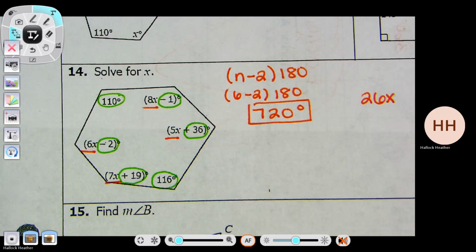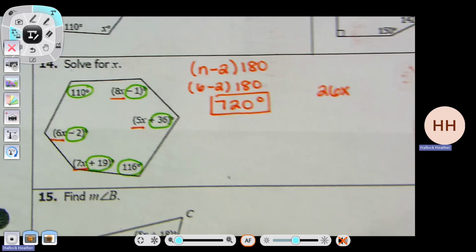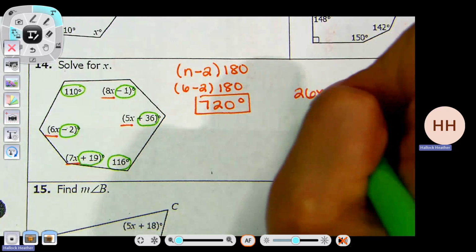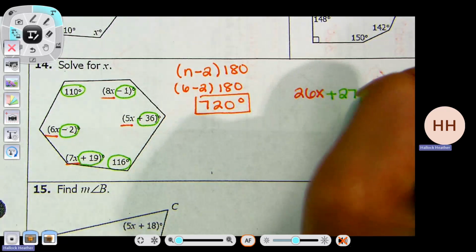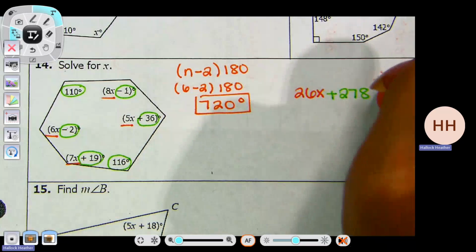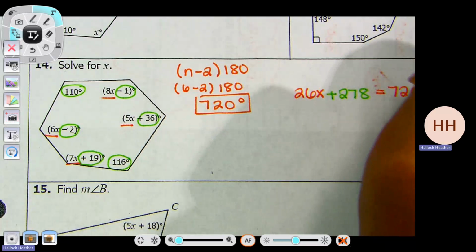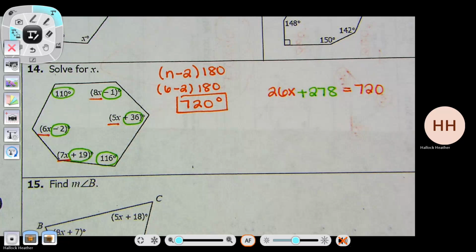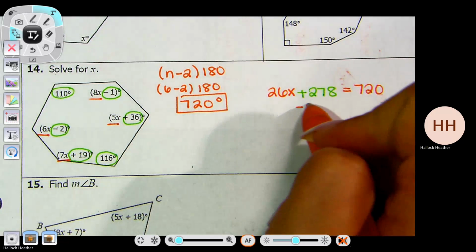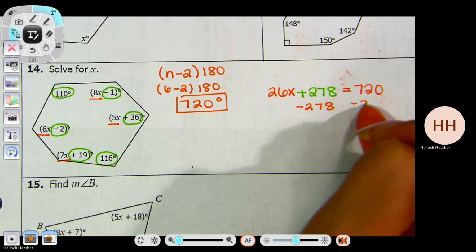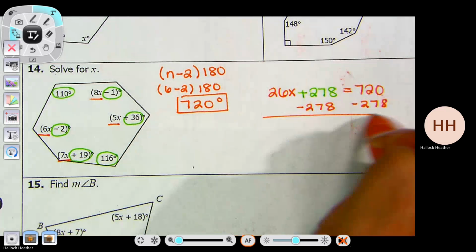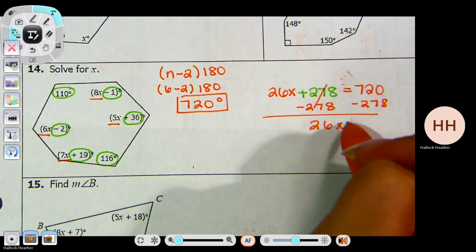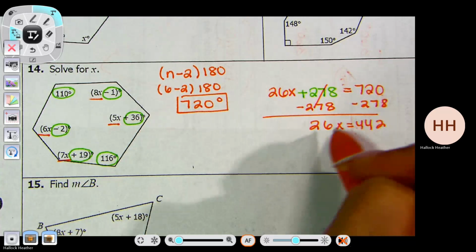Good. So plus 278. And then what's it equal to? It equals 720. Now it's a two-step equation. Now you can subtract and divide.